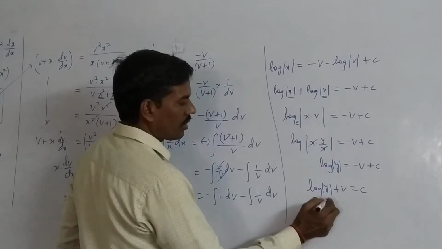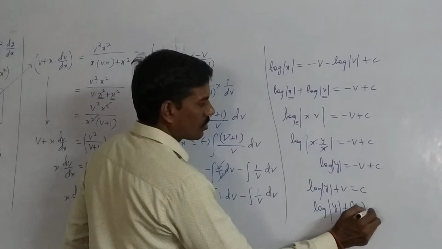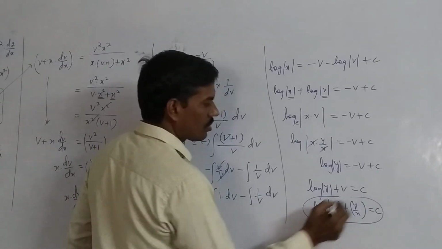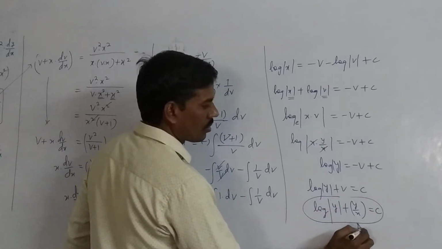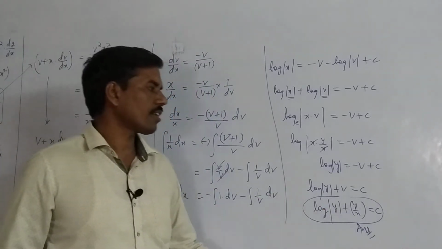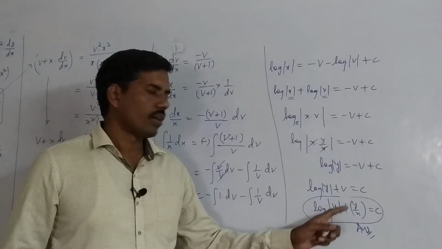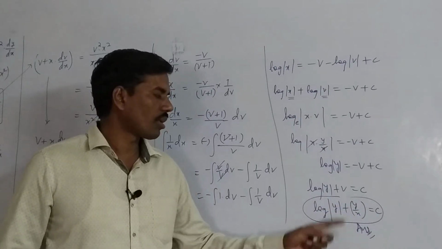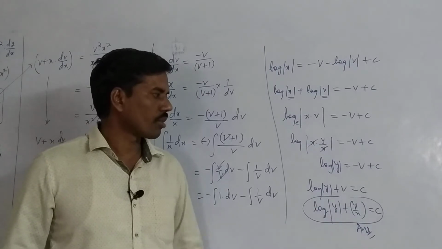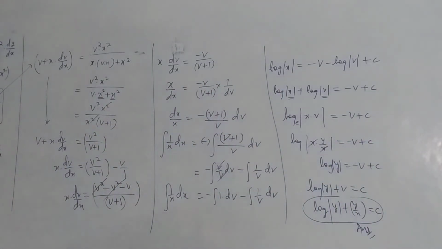You can write it as log of y plus y by x is equal to c. Please compare with the answer of your textbook. v means y by x, so you can write log of y plus y by x is equal to c. Okay, so this is the answer of your question number 9.